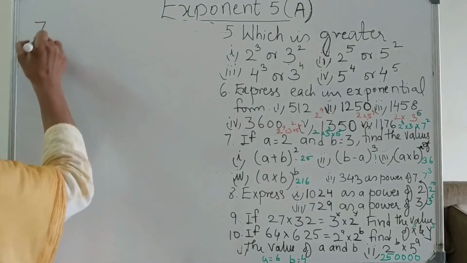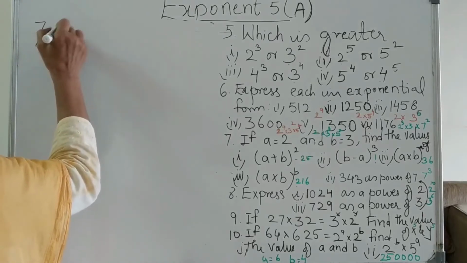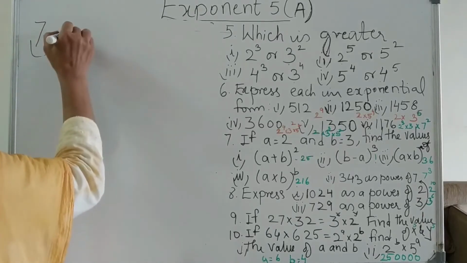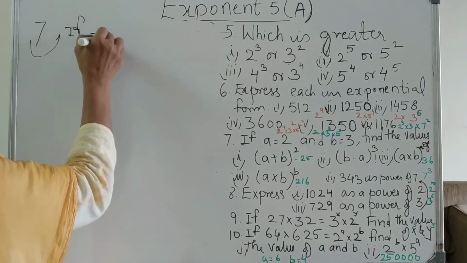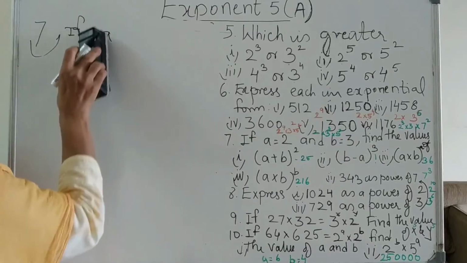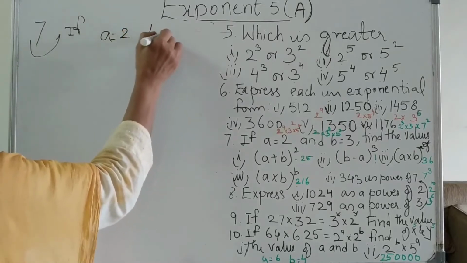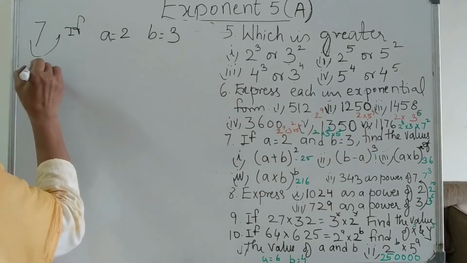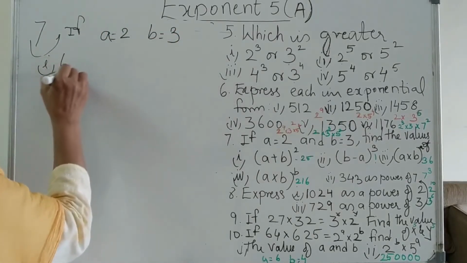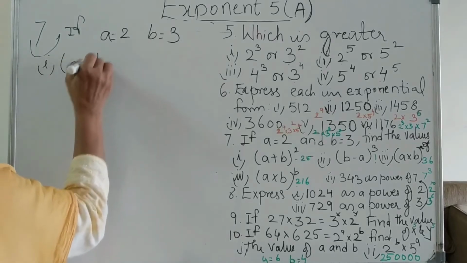Now your 7th sum, this is the substitution type of sum. If A is equal to 2, B is equal to 3, find the value of the first sum, A plus B whole square.